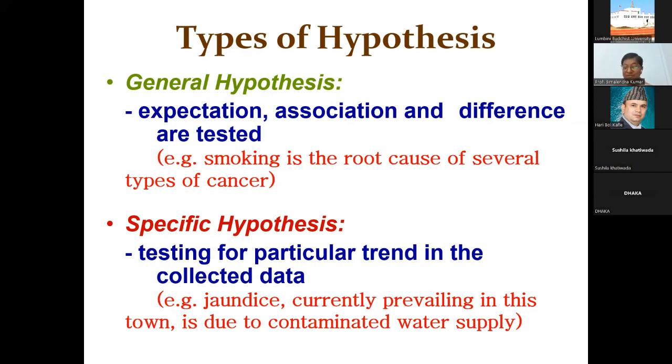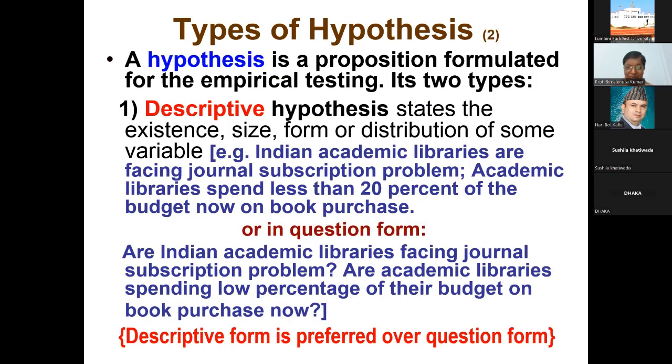This is the hypothesis as a solution to a research problem related to already prevailing materials. So here, jaundice currently prevailing in the town is due to contaminated water supply. This is the specific target. Again, types of hypothesis: a hypothesis is a proposition formulated for empirical testing.